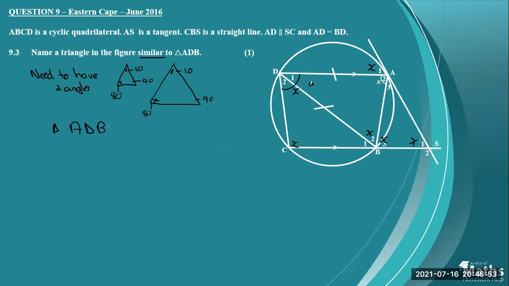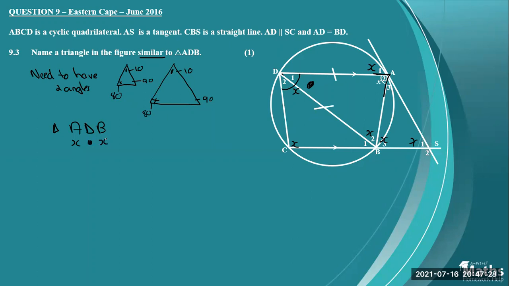So what I'm going to do is first look, where's ADB? Can you see that angle A is an X? Angle D is this one. So I'm just going to indicate it with a dot. It's an unknown one, so I'm just indicating it with a dot. And the B again is an X.